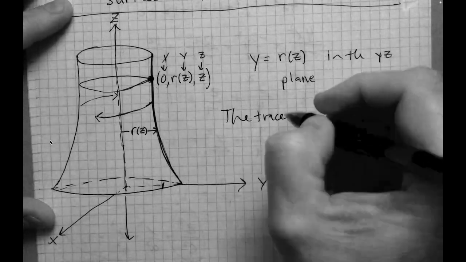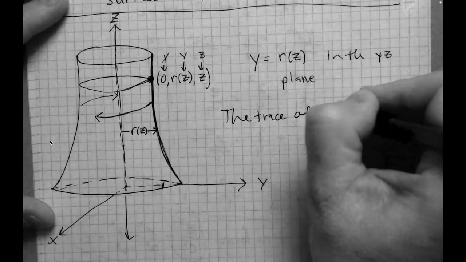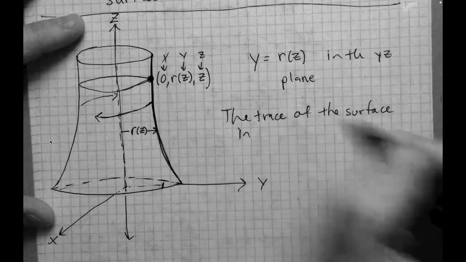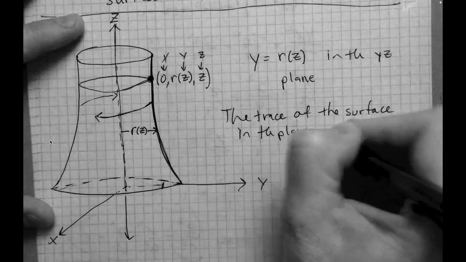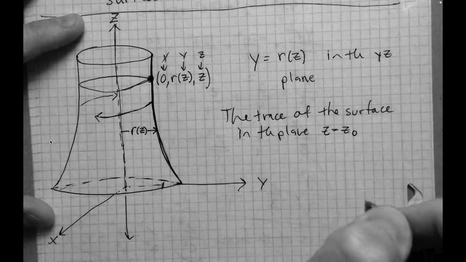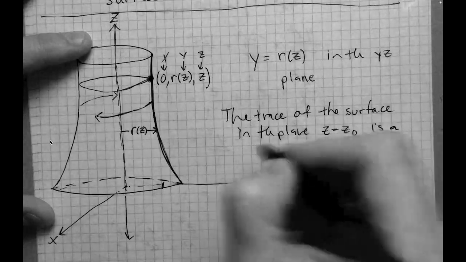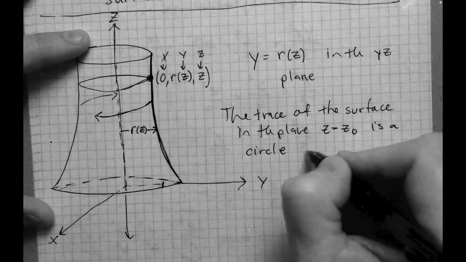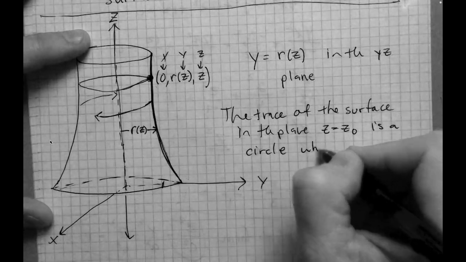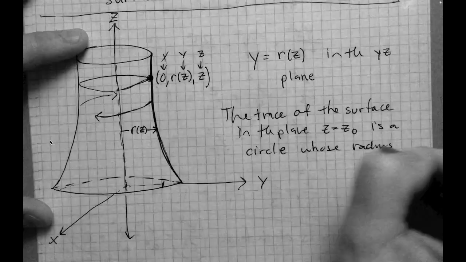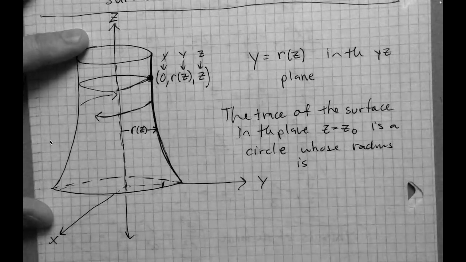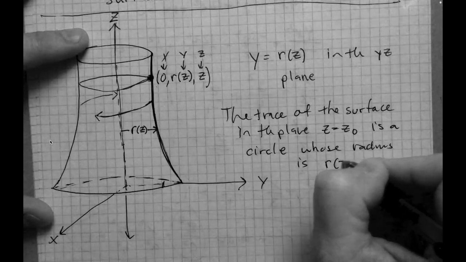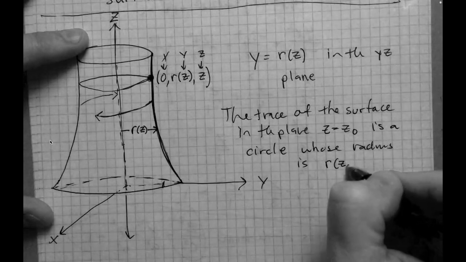The trace of the surface in the plane z equals z0 is a circle, and specifically a circle whose radius is whatever r of z0 happens to be, r being the radius function.